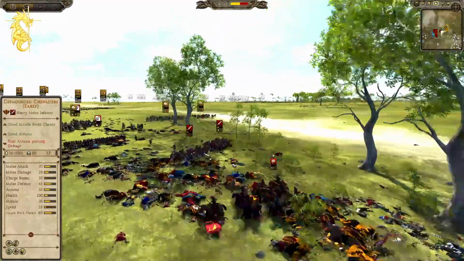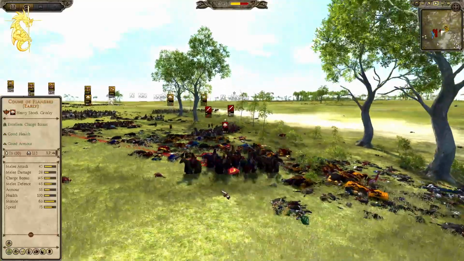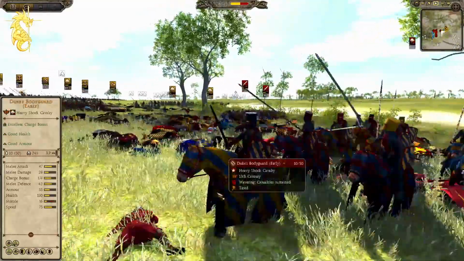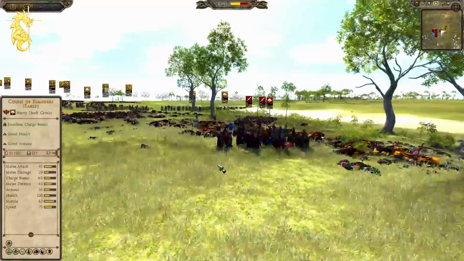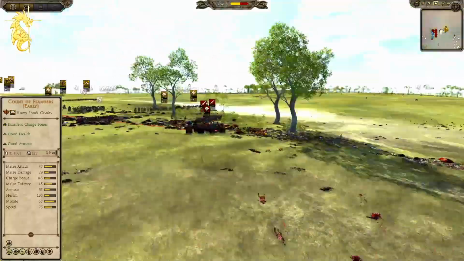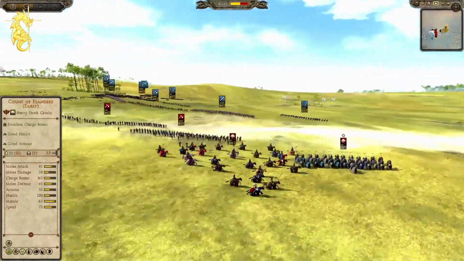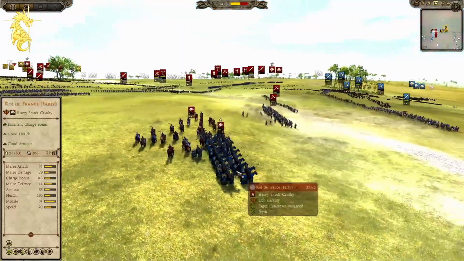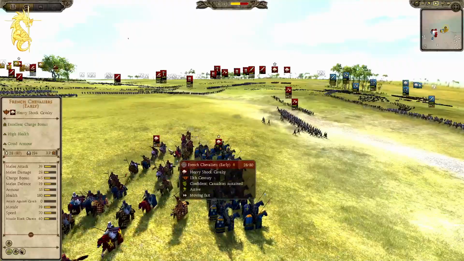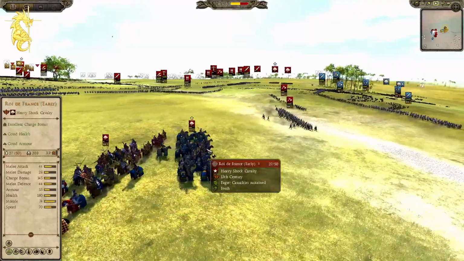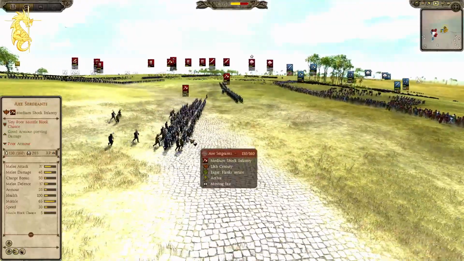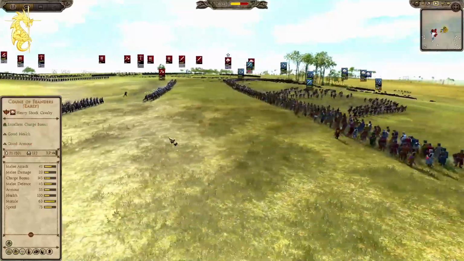Duke's bodyguard, is he still alive? He is. You can see there he is, right there, the Duke of Burgundy. He's probably not going to survive much longer with his unit in that condition. Over here you got the Roi of France, which is the King of France. Axe sergeants moving forward.